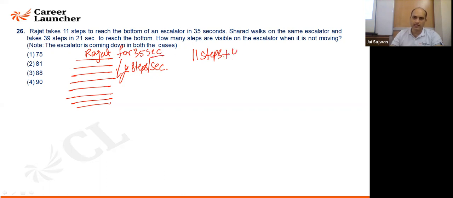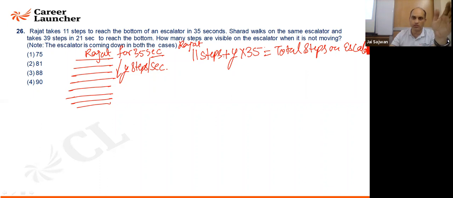Or can I say the escalator which moves at the rate of y steps per second, for 35 seconds it was working for Rajat. So Rajat has taken 11 steps on his own and 35 into y steps are what taken by the escalator. These are the total steps on escalator. If it is turned off, the number of steps that you can see is 11 traveled by Rajat, and at the pace of y for 35 seconds, this is what covered by escalator.